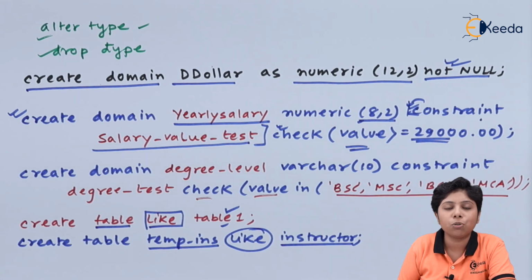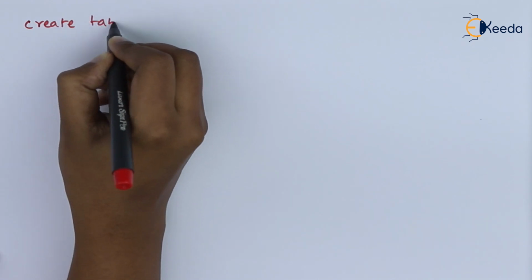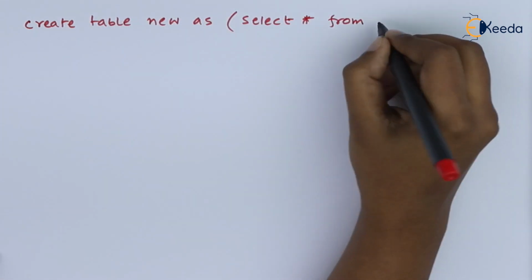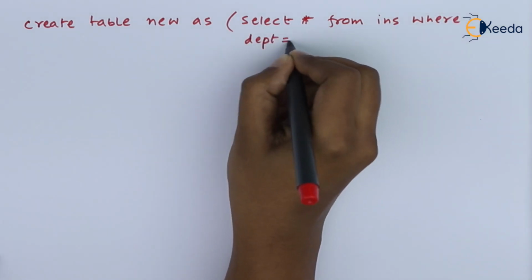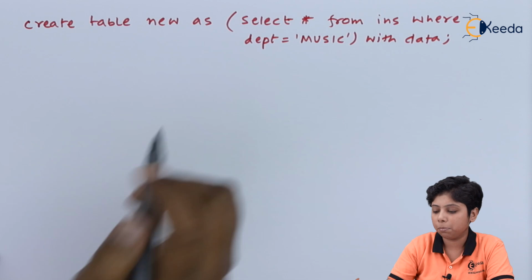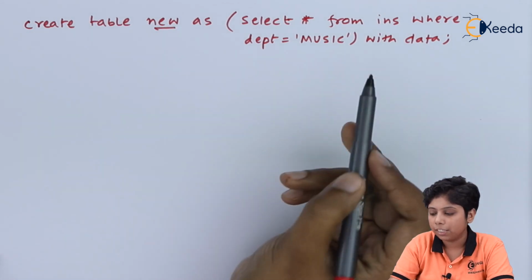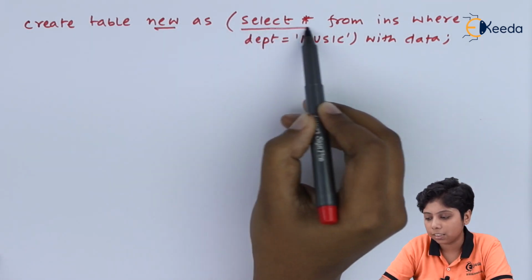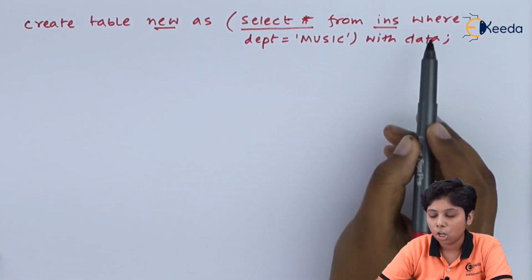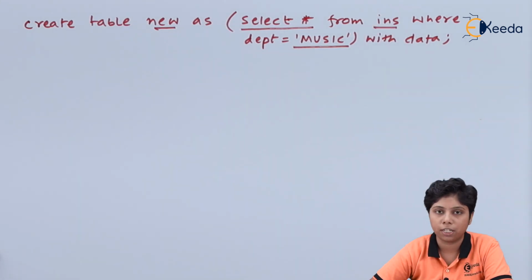We can even create a table with all the values of a relation. Let's see how to do that. We are creating a table as the query result from select star, that is selecting all the tuples from the instructor table where the department is music.